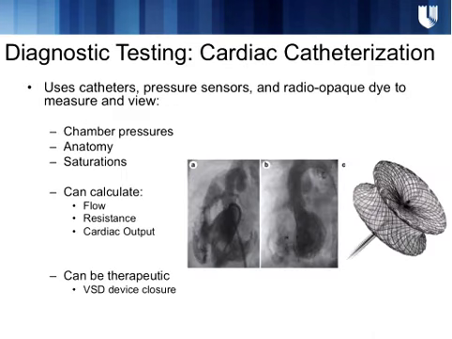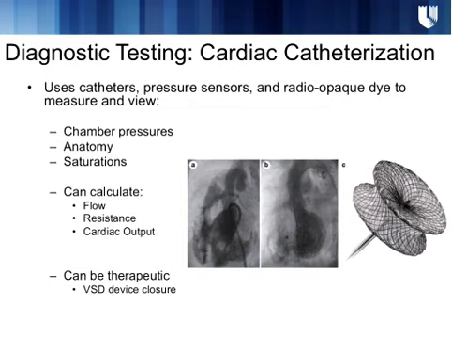The next diagnostic testing that we'll briefly talk about is cardiac catheterization. So this uses catheters, pressure sensors, radiopaque dyes, and blood sampling to measure and view chamber pressures, anatomy, and blood saturations.